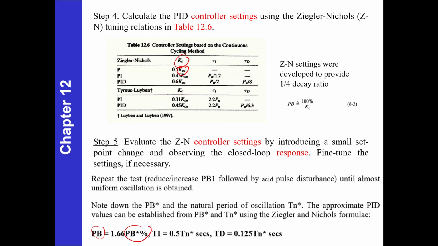That's why here you have 0.6 and there you have 1.6. How do you get from this to this? You just substitute. The easiest way is to substitute this equation into this one, and you get 0.6 times Kcu.